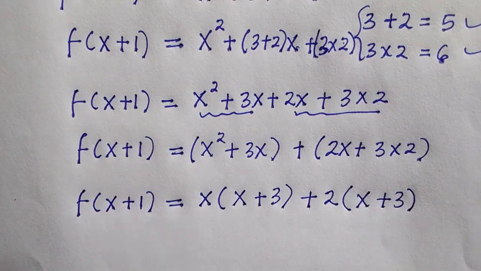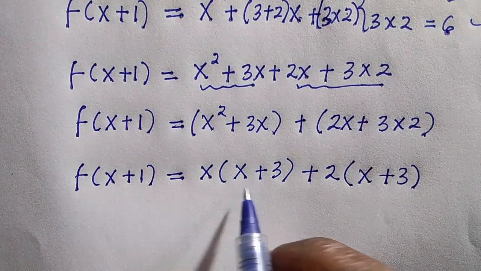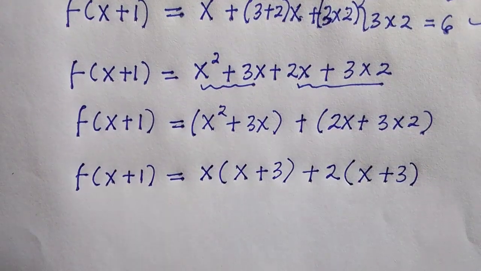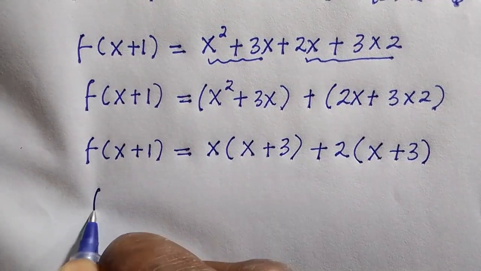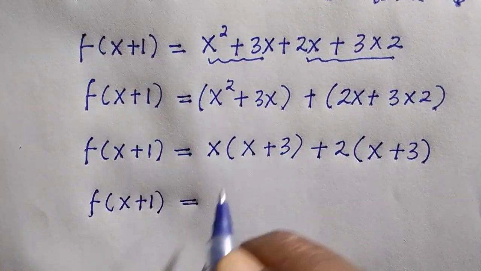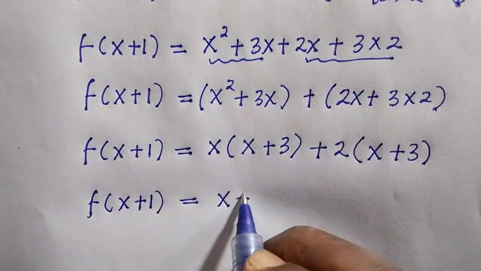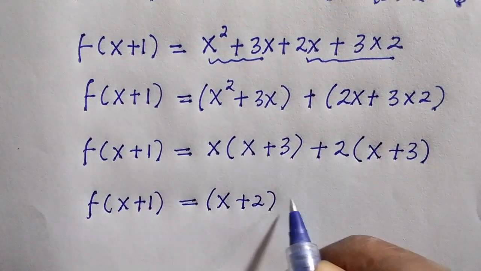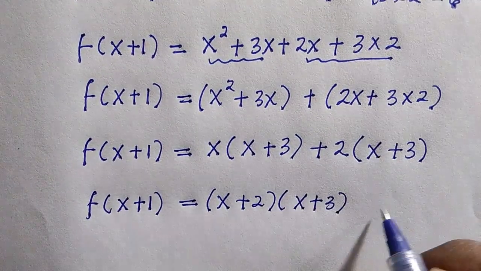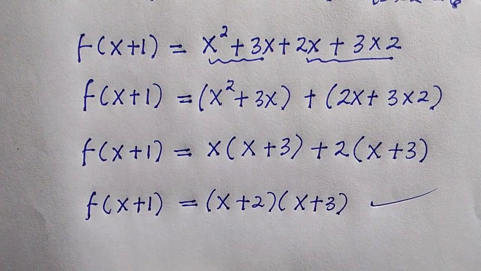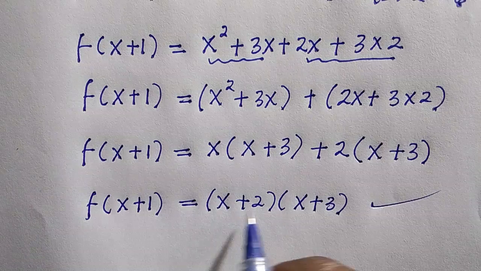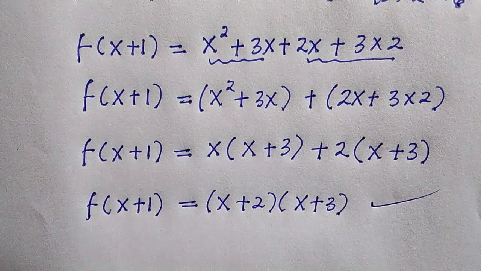So on arriving at this stage, in this parenthesis we have x plus 3, x plus 3. So we take 1 and then we combine their coefficients together. So here becomes f of x plus 1 equals x plus 2 in bracket, open bracket, x plus 3. And this is a complete factorization of the quadratic above. So there are two factors, which are x plus 2 and x plus 3.